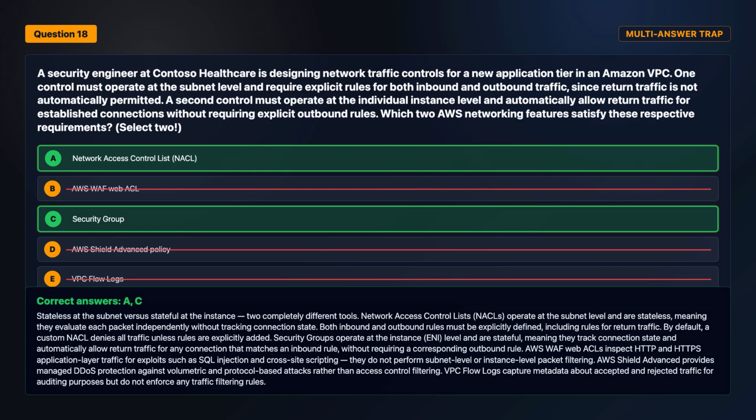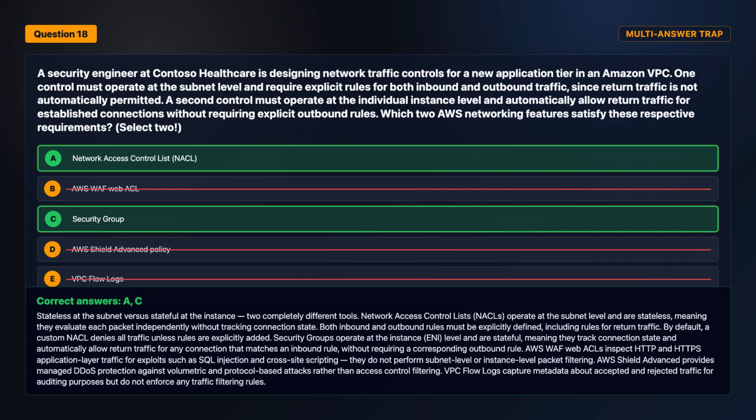Security groups operate at the instance, ENI, level and are stateful, meaning they track connection state and automatically allow return traffic for any connection that matches an inbound rule, without requiring a corresponding outbound rule. AWS WAF Web ACLs inspect HTTP and HTTPS application layer traffic for exploits such as SQL injection and cross-site scripting.